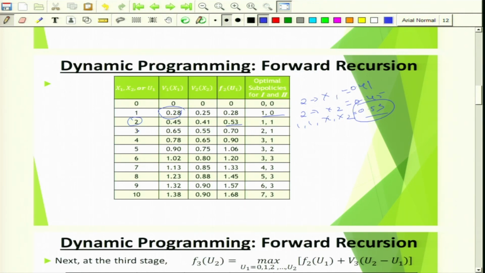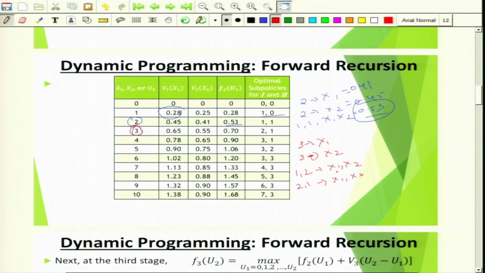Let us take another example. Let us say you have 3 units to invest. The possible combinations are: I invest a total of 3 in x1, or a total of 3 units in x2, or 1, 2 in x1, x2, or 2, 1 in x1, x2.